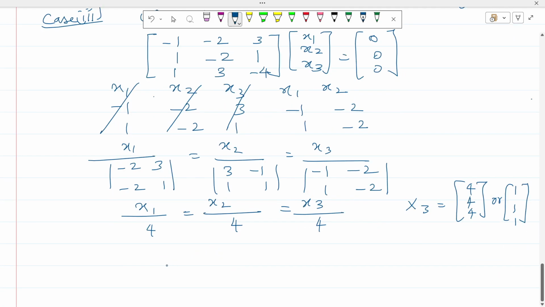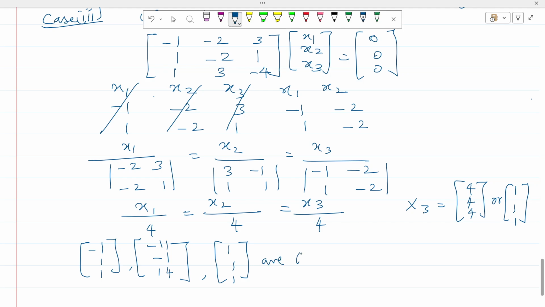Therefore, what are the eigenvalues and eigenvectors? The eigenvectors are minus 1, 1, 1, comma, minus 11, minus 1, 14, comma, 1, 1, 1.